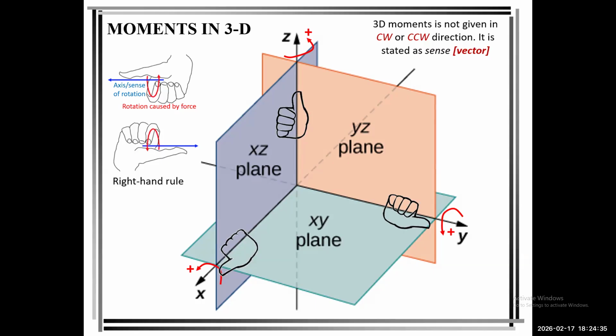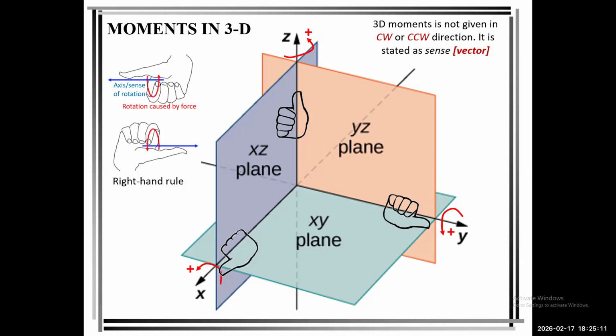So we're going to look, for example, at the x-axis. When your thumb is pointing in the direction of your moment, note the direction of your hand, where your fingers are. The rotation will be the direction of your fingers. And so that is a sense of where your plane is.